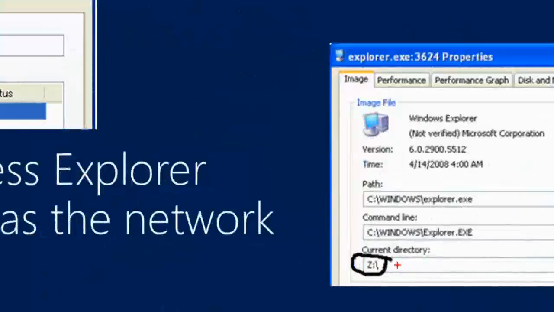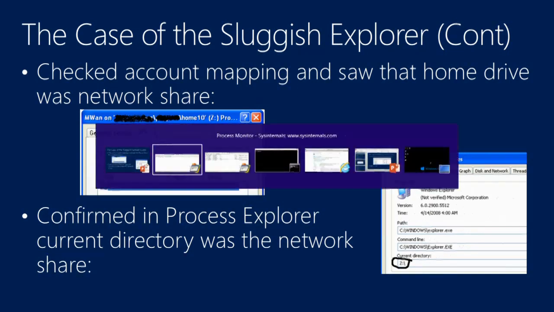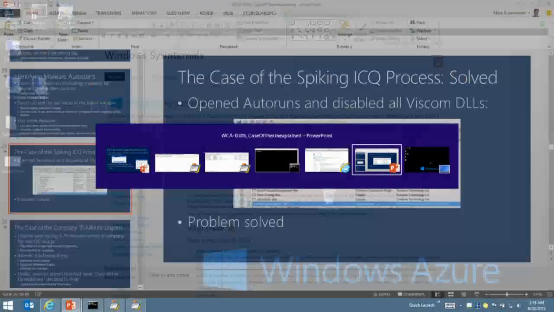And here's the mapping that they saw in Process Explorer, which I'll come back to in a second, that confirms that because that was the home drive, this non-existent network share set up for this particular account, Explorer had set the current directory there, so every time it was looking for icons, it would try to search for this particular place on that network share, as we saw in the trace.